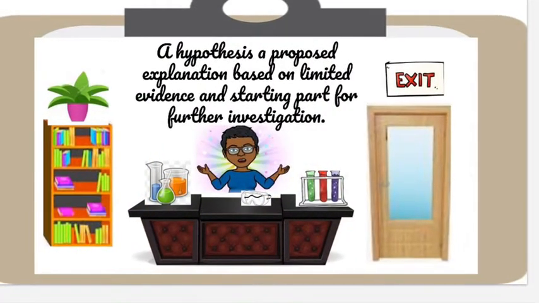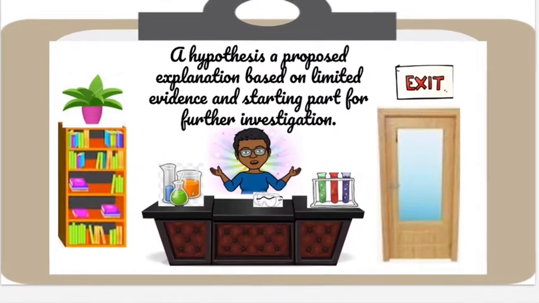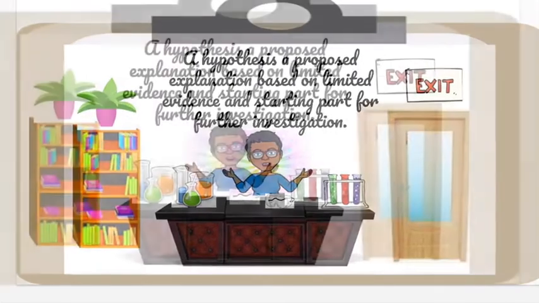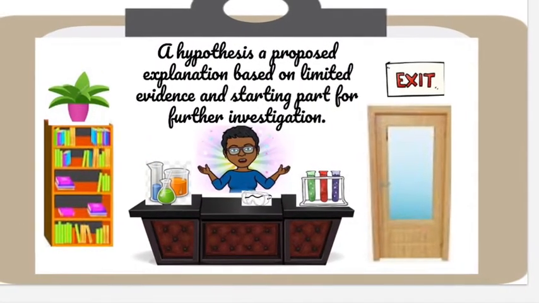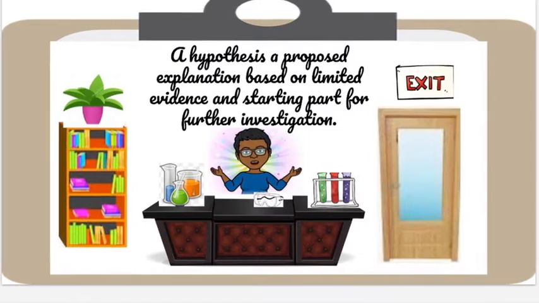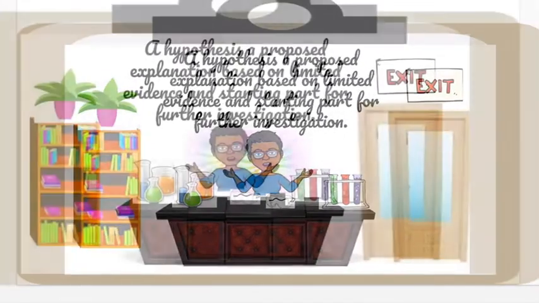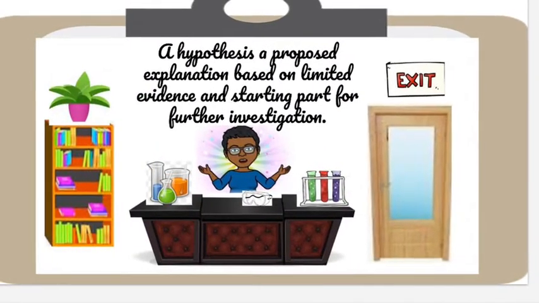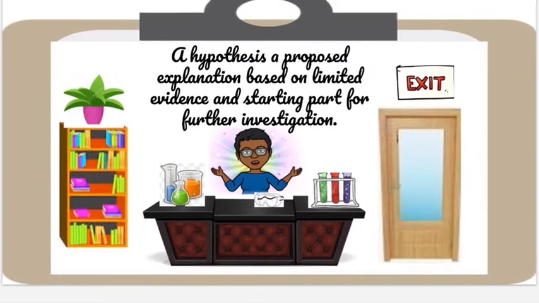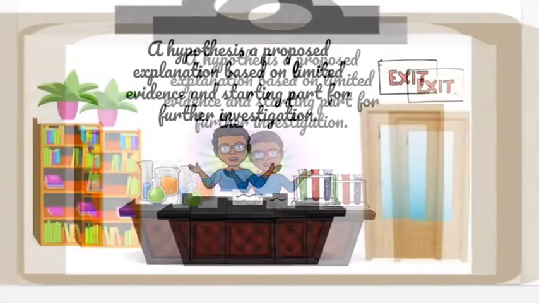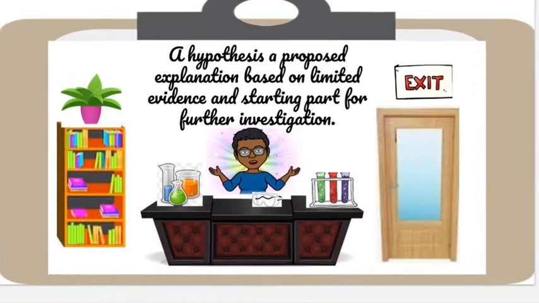And so we can make that prediction or formulate that hypothesis based upon past research or what has been seen with pill bugs in the past. So a hypothesis is a prediction based on information that has been proven before.